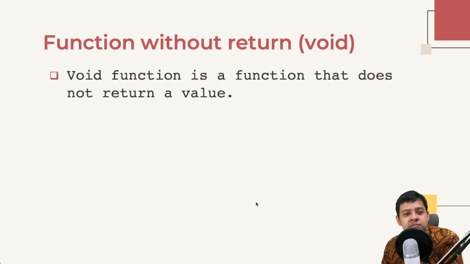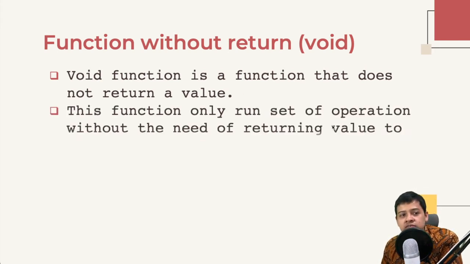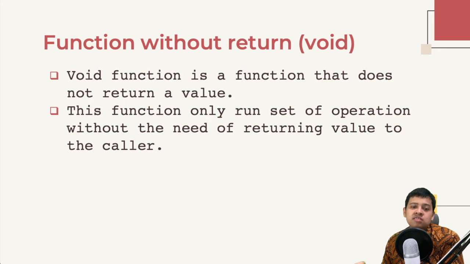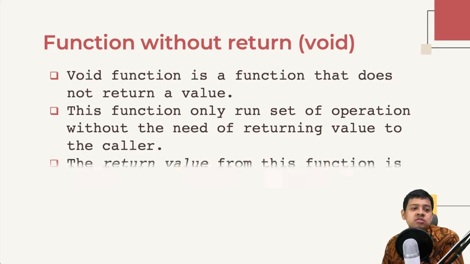The data type itself is void. A void function does not return a value. It only runs a set of operations without the need of returning a value to the caller. Sometimes when we do programming, we just want to change things, or print something, without expecting any feedback or output result, and that's why we use void.